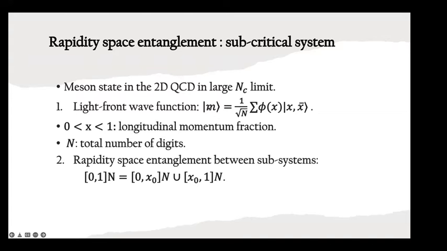And in this case, of course, you can solve this system in the light front quantization language and write out the so-called light front wave function of a meson state. This meson state is very simple. It's just a two-body state with a quark and an anti-quark, and their momentum fractions are x and x bar. And you have a light front wave function phi equals phi of x that satisfies the 't Hooft equation.